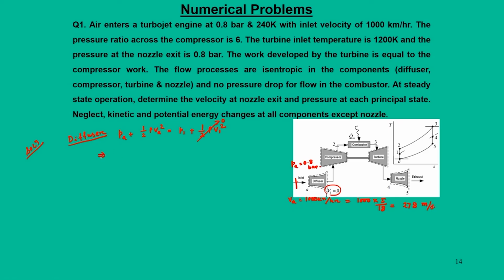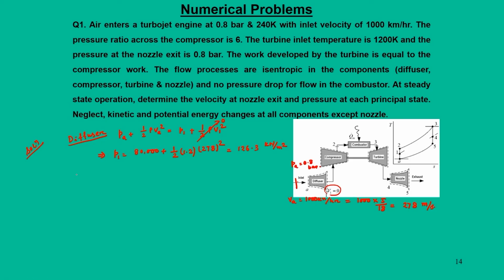So we can find P1 is equal to 80,000 plus half rho, where we take rho as 1.2 kg per meter cube for air, times VA square, 278 square. This turns out to be P1 equal to 126.3 kilonewton per meter square, or kilopascal.